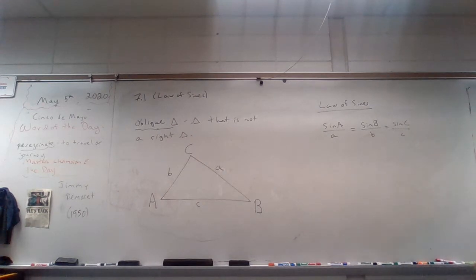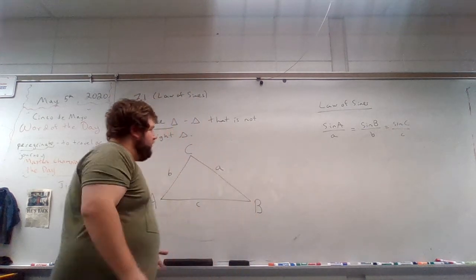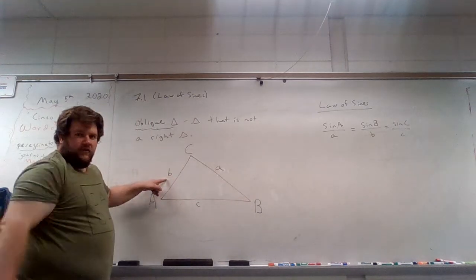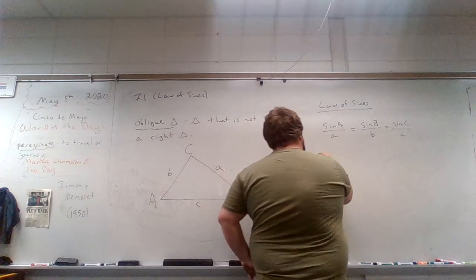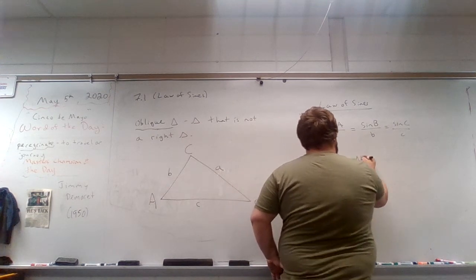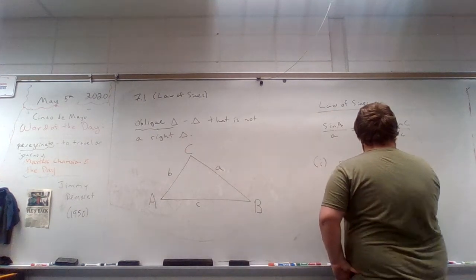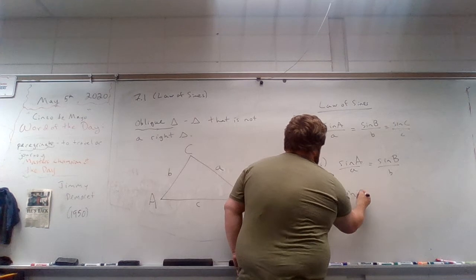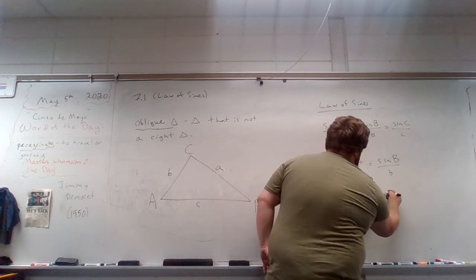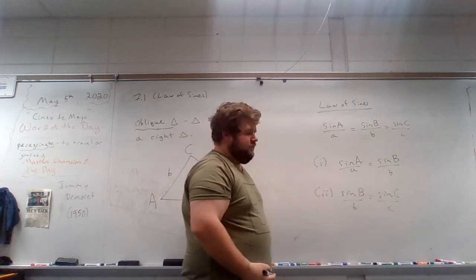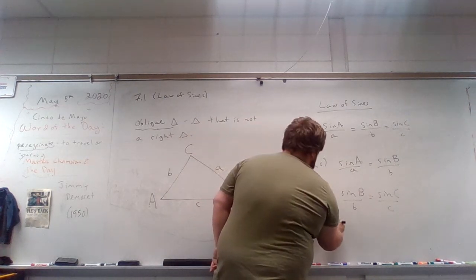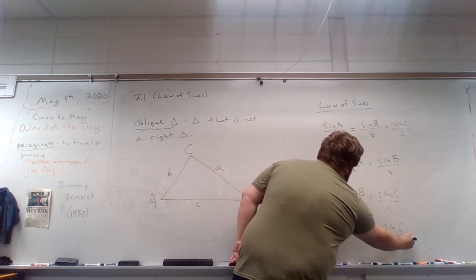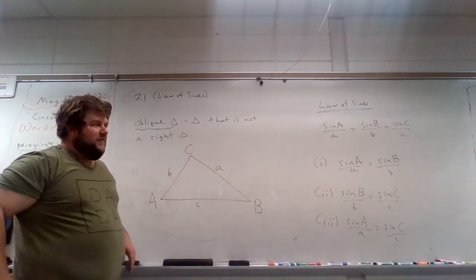There are really three different equations: sine of A over a equals sine of B over b; sine of B over b equals sine of C over c; and sine of A over a equals sine of C over c.